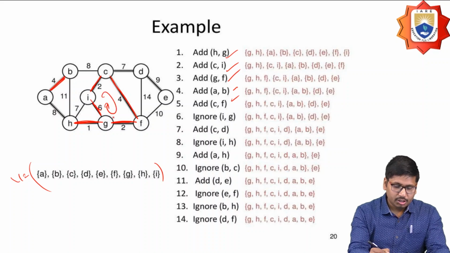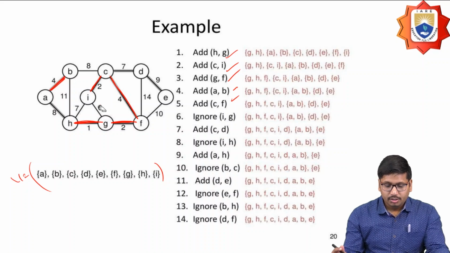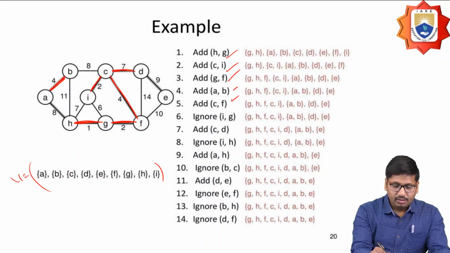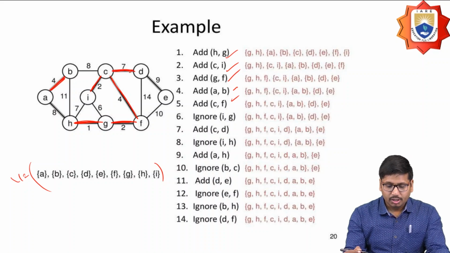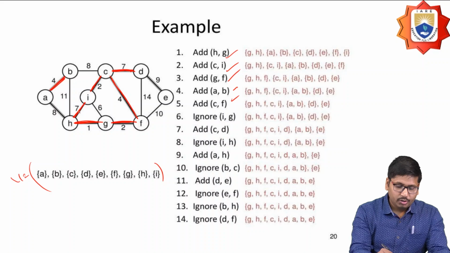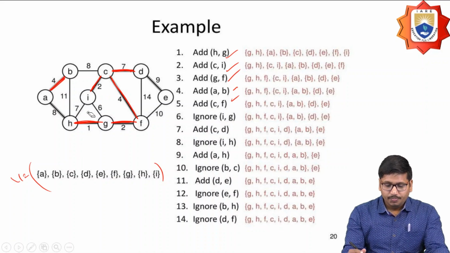If I add it, it is going to form a cycle, so that's why this edge is not considered. Similarly, next minimum is 7, which is CD, so I'm going to add that. Next minimum is IH, but if I consider this, it is going to form a cycle, so I'm not going to consider it.